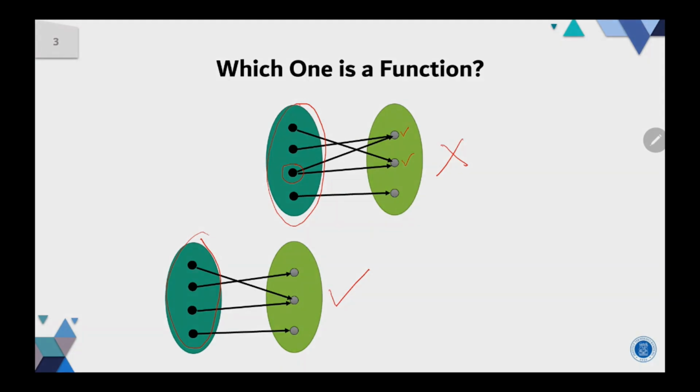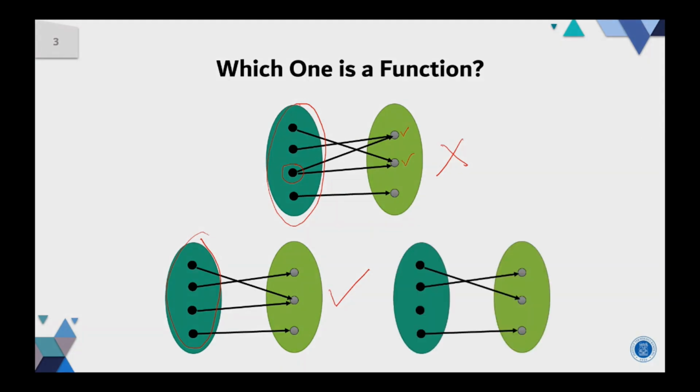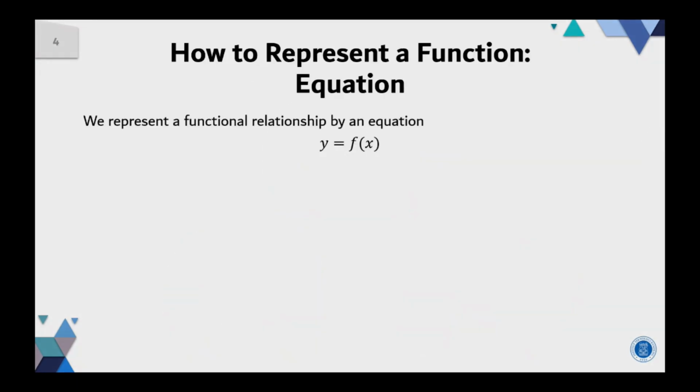Let's see another example. Is this a function? We can clearly see that this is not a function. Why is that? Because not everything inside set A is being assigned. So this is not a function.